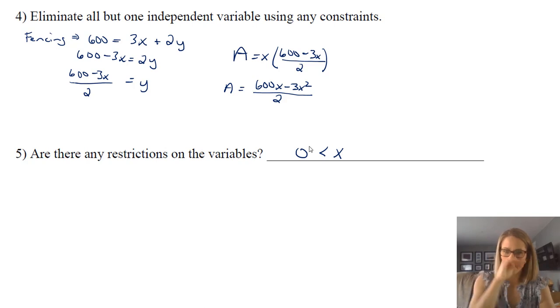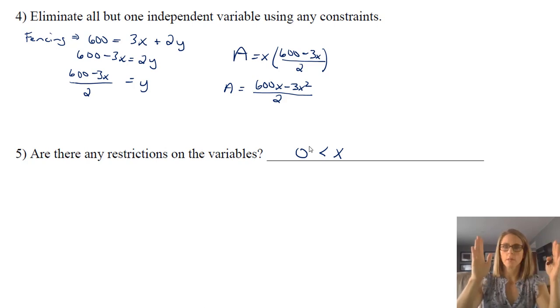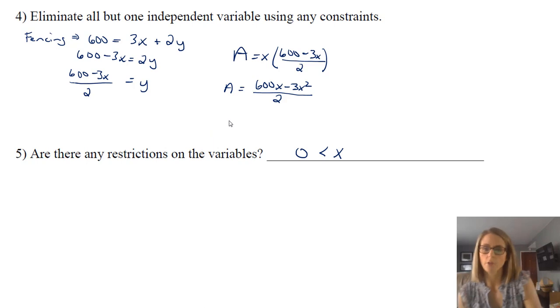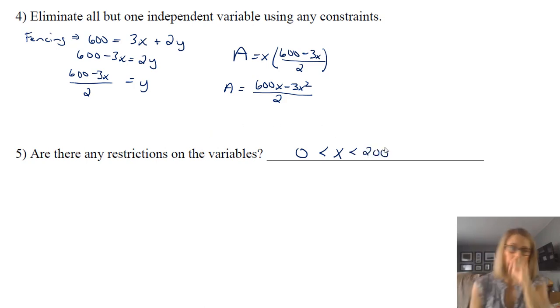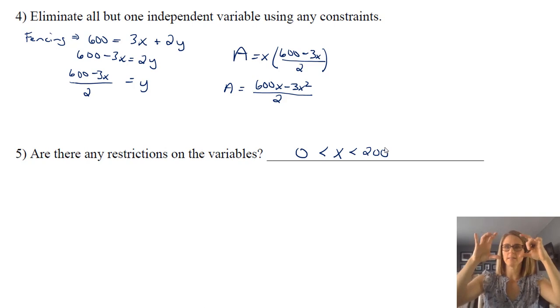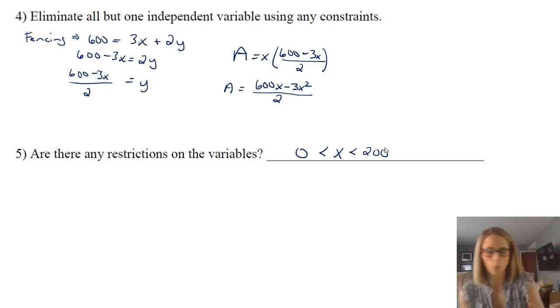With 600 feet of fencing and all of those sides needing to be the same size, your x would have to be less than 200 apiece, because that would be the only way to get a fence that has any value on the top and the bottom.